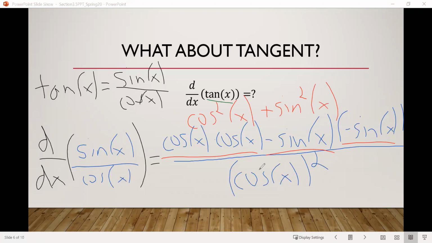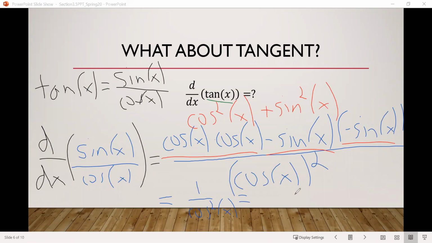That's right, that is the Pythagorean identity, so that is equal to 1. So what this has really become, as always I'm running out of room here, is 1 over cosine squared of x in the denominator. And then we can simplify this a little bit more.